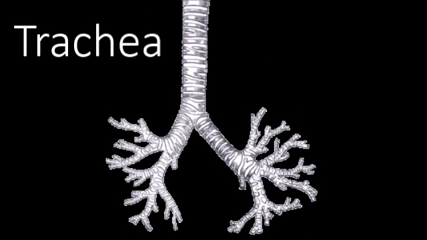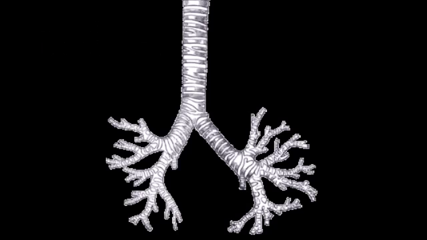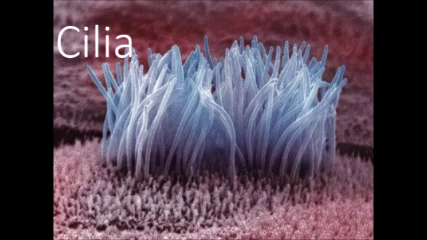The trachea, commonly known as the windpipe, is a semi-rigid tube of soft tissue that is covered with bands of cartilage, which is necessary to keep the trachea open. The walls of the trachea are lined with tiny hair-like structures called cilia. Cilia move in wave-like motions back and forth and secrete mucus, a sticky liquid that traps dust, germs, and other foreign substances that invade the lungs.